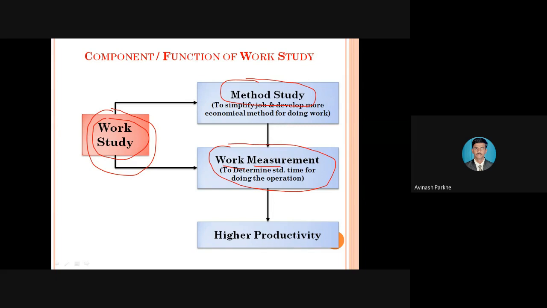Therefore, after development of a new process, after doing the modification in the previous process, then and only then can I go for the work measurement. If there is no modification in the existing process, if there is no development of a new process, it is not possible to measure the standard time required for that particular process. Therefore, after implementing the concept of method study in the industry, then and only then can we go for the implementation of work measurement.